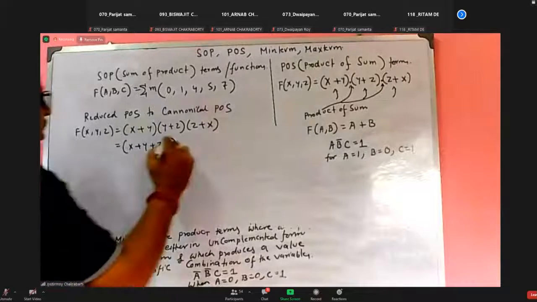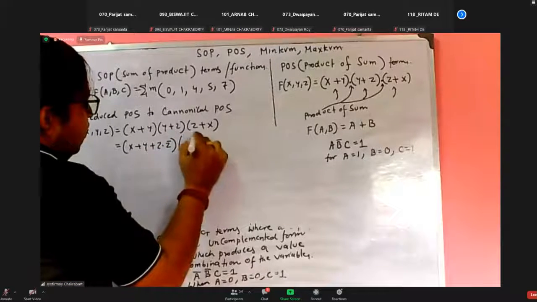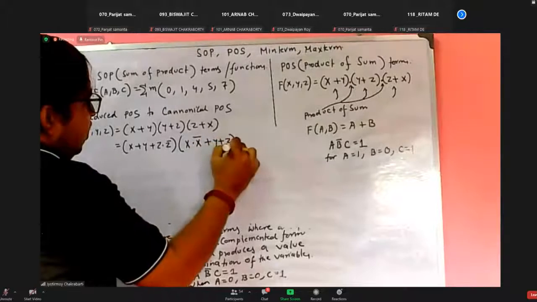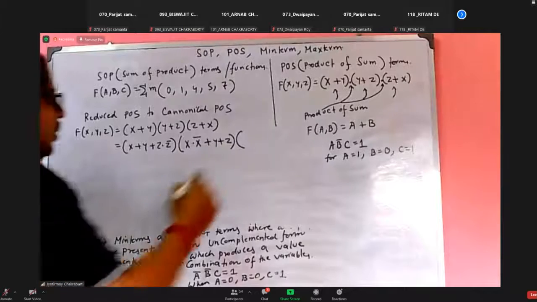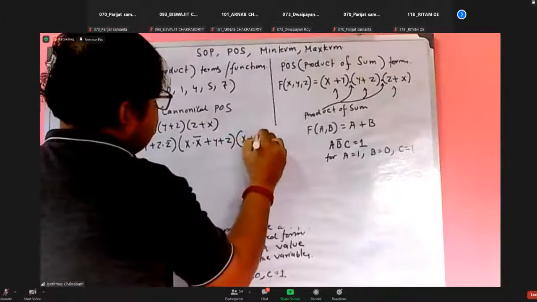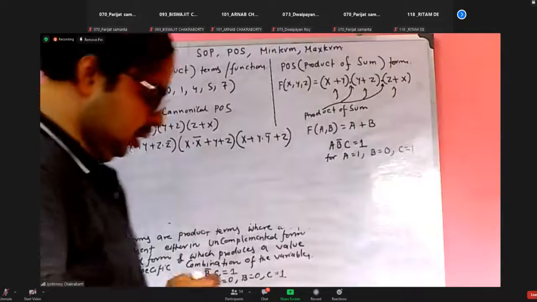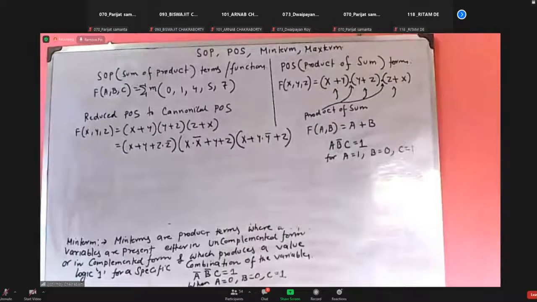Which variable is missing here? X. Which variable is missing here? Y. You just add the term which is a product of that variable and its complement.